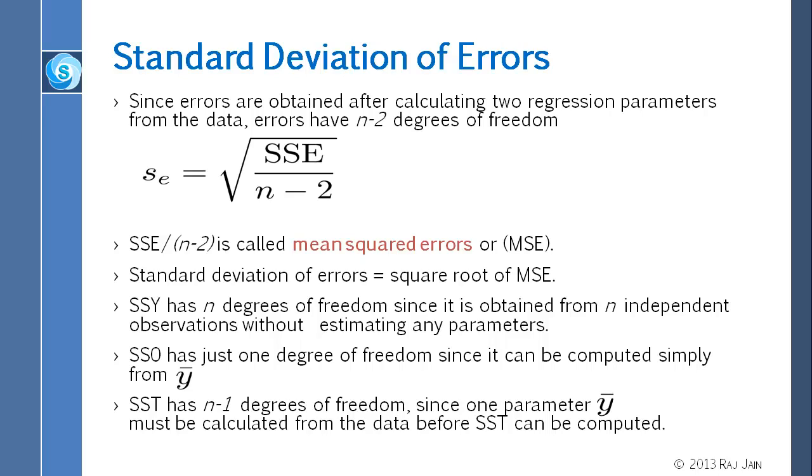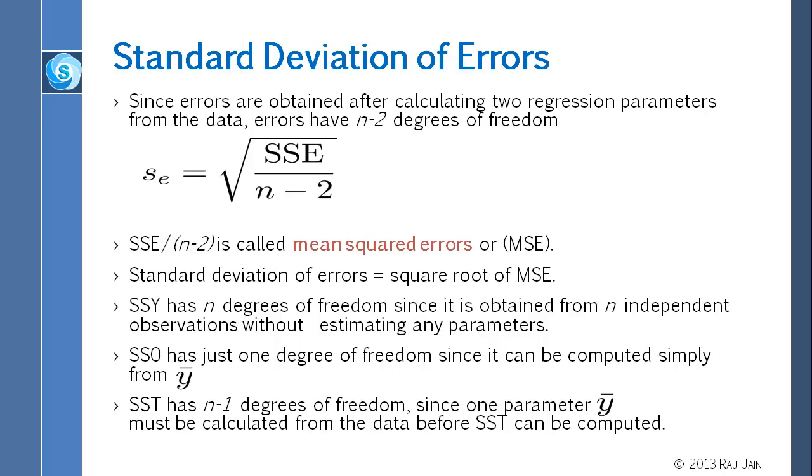Because when you are given a sample of n observations, you already calculated two parameters, b0 and b1, before you got to the errors. If I gave you n minus 2 of those errors, you can easily calculate the last two. The degrees of freedom that errors have is only n minus 2, and therefore the standard deviation is the square root of SSE divided by n minus 2.